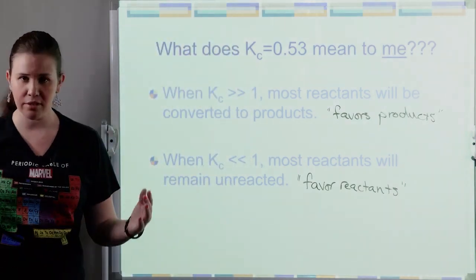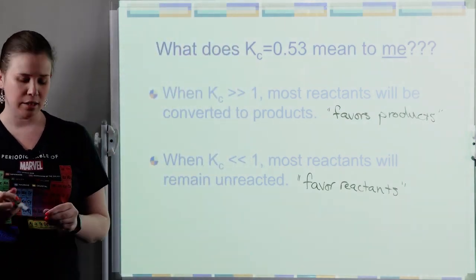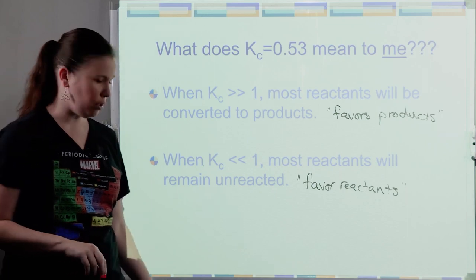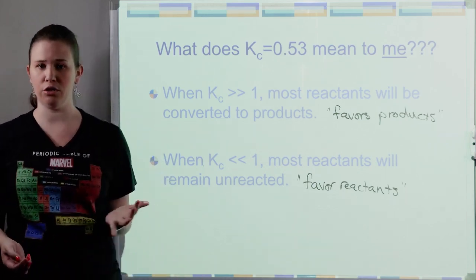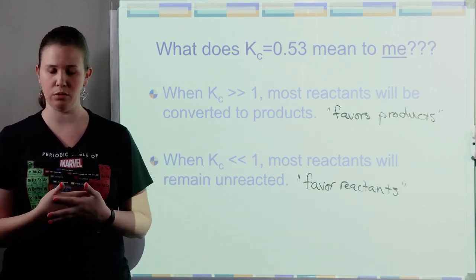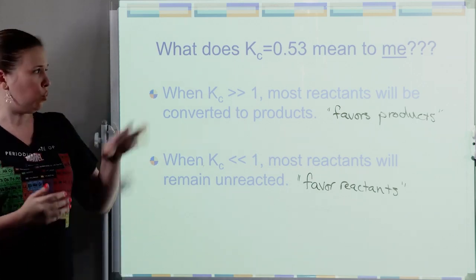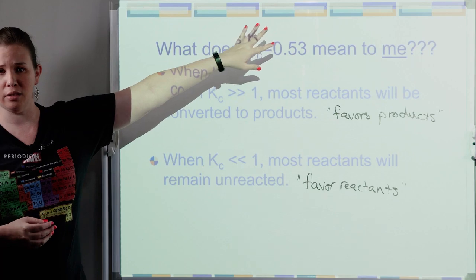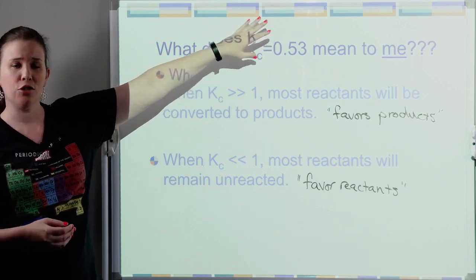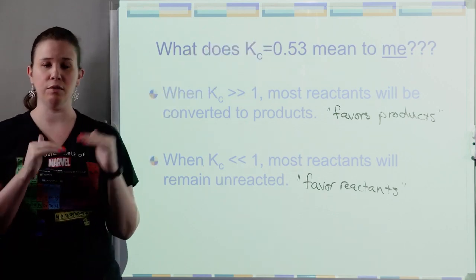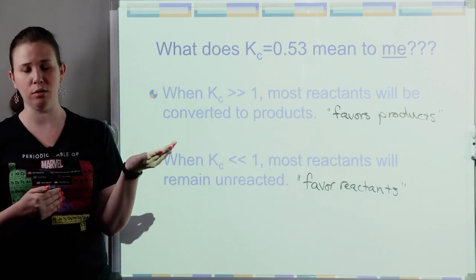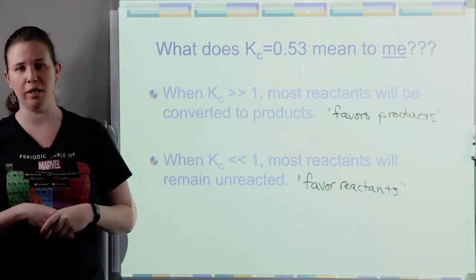If K happens to be 1, that means that the concentration of reactant and concentration of product just so happen to be equal to each other. Do not mistake that for equilibrium. We're at equilibrium here with a Kc of 0.53. It just so happens that the concentration of the reactants ended up greater at that equilibrium, but those concentrations would remain constant.